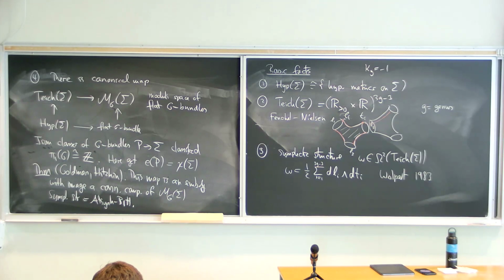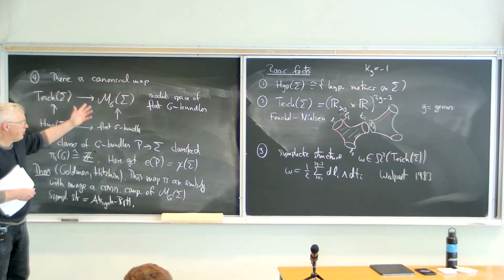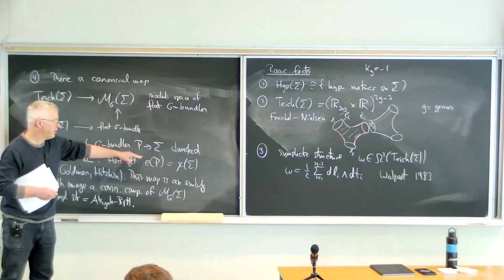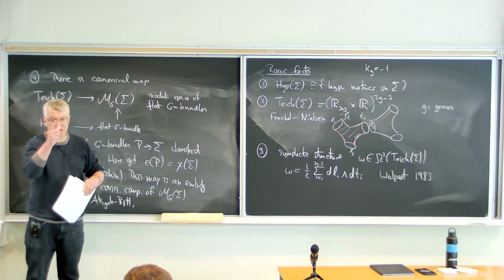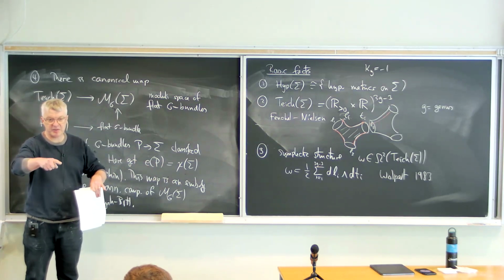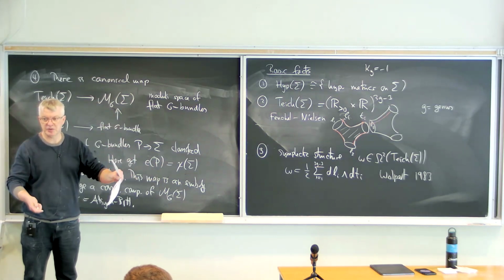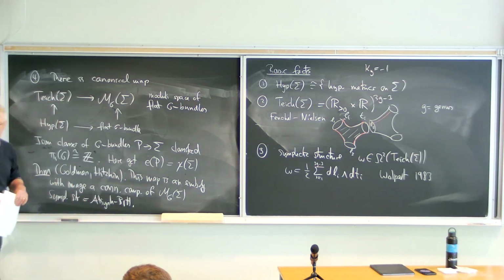It's literally the moduli space of flat G bundles. So you can rephrase it and say we fix some principal G bundle of that topological type, and then we look at flat connections on that G bundle modulo gauge transformations. It's literally that on the nose. So there are no caveats.